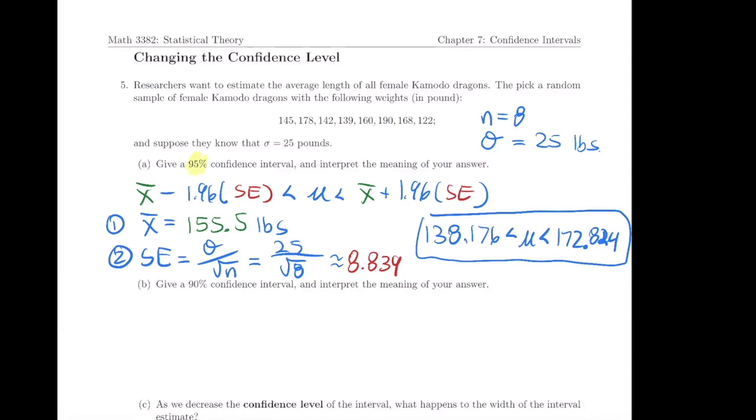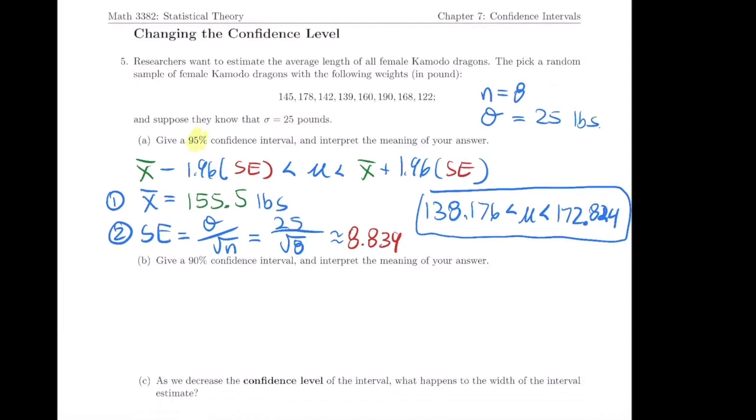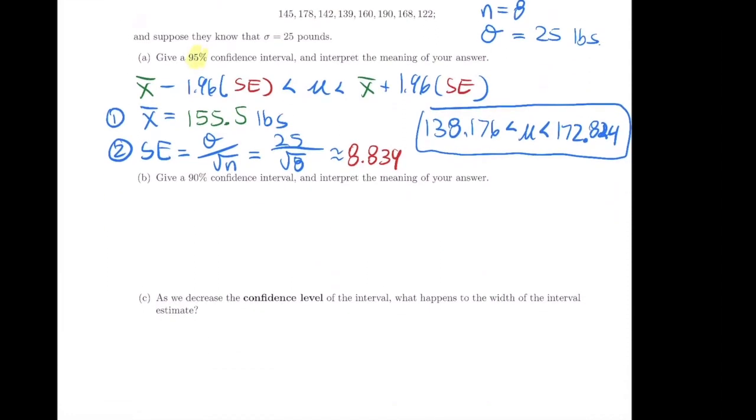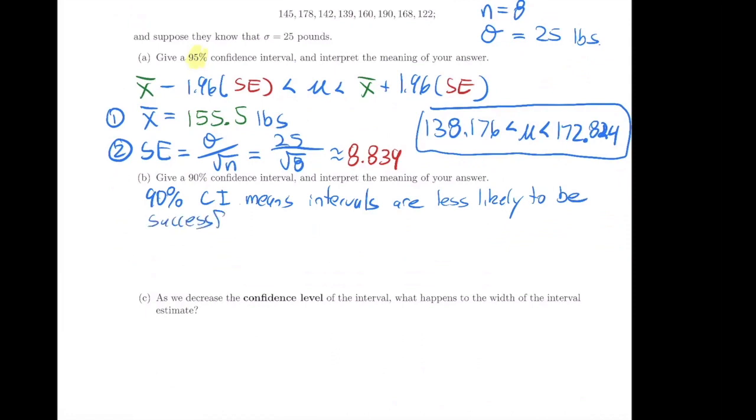Any questions about that? Now, if I want to give a 90% confidence interval, when we decrease the confidence level from 95 to 90, we have a little bit less confidence in our estimate.